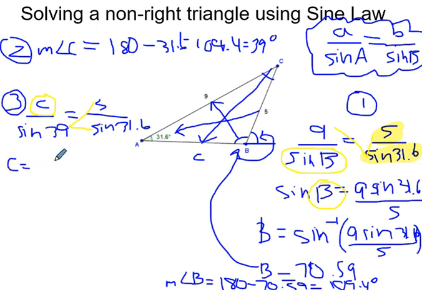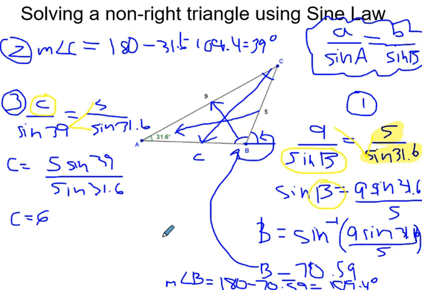C is equal to 5 times sine of 39 divided by sine of 31.6. And then you take your calculator to get your answer. And you get 6. And because there's no unit, if you want, you can specify units here. So this is using the sine law.